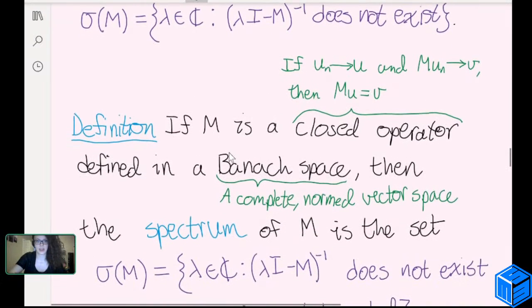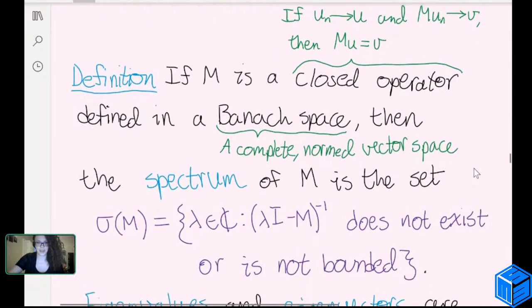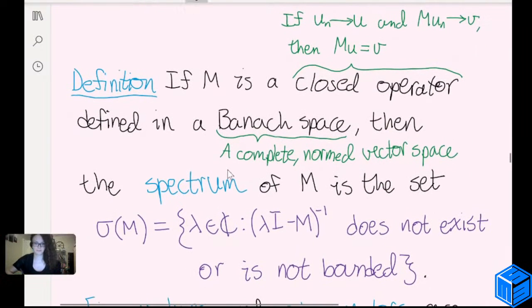Okay, so if we have a closed operator defined in a Banach space, then we can now define the spectrum of our operator M, which is the set sigma of M, the set of all complex valued lambda such that the operator lambda I minus M inverse does not exist or is not bounded. And what does it mean to say an operator is bounded or not?